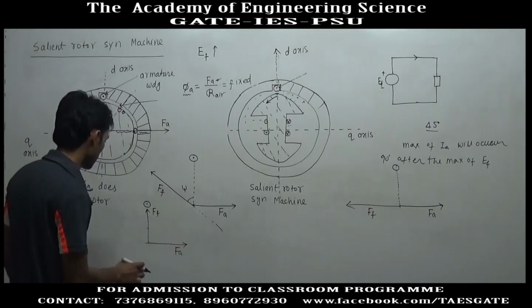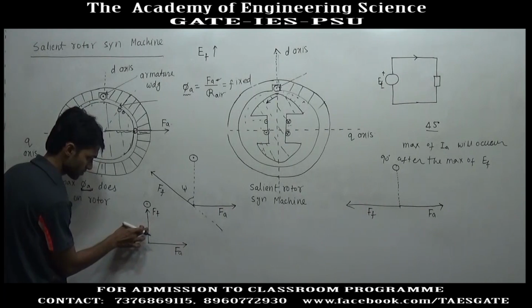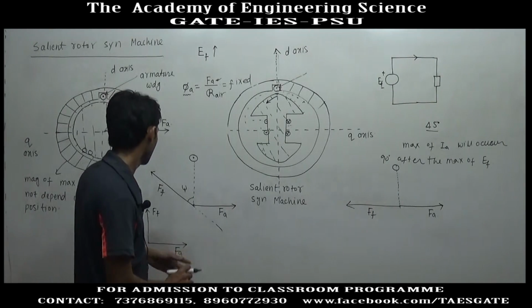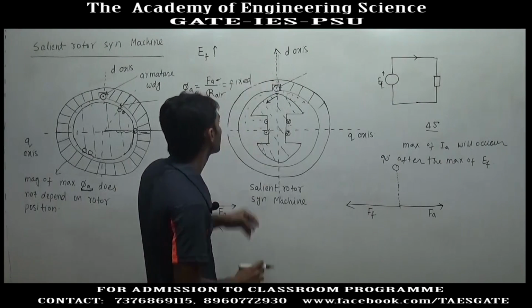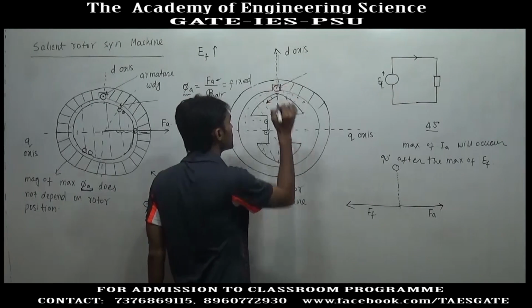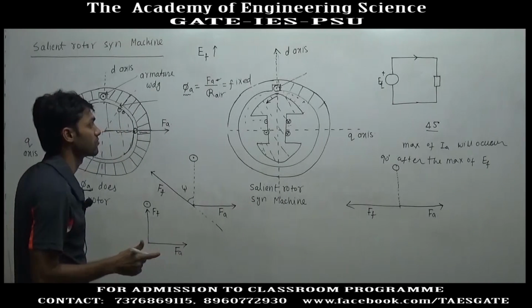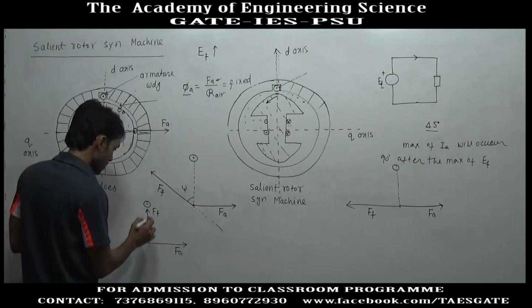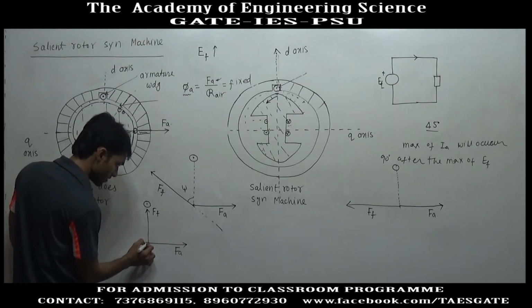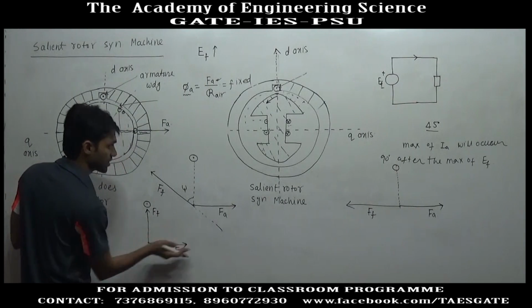This is the case of unity power factor. This conductor is in the influence of maximum field, so maximum EMF will be generated, and since the power factor is 1, at the same time maximum current will be generated. So, corresponding to maximum current, we will have maximum armature MMF in this direction.